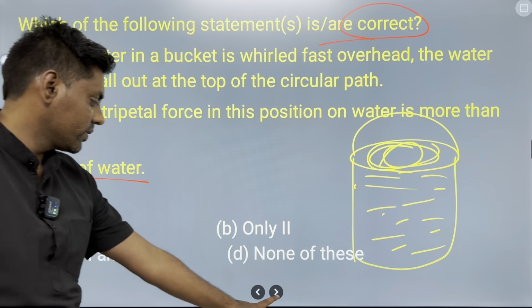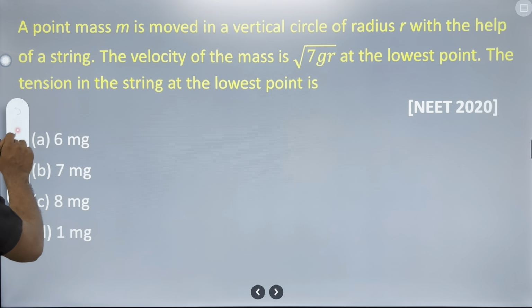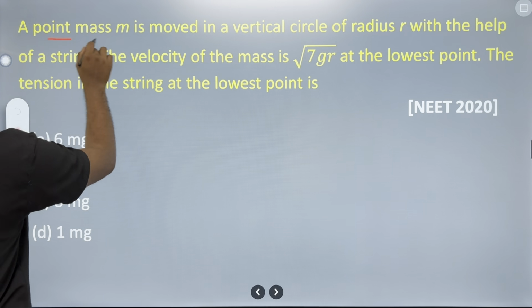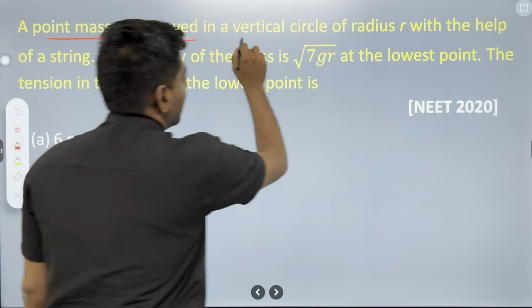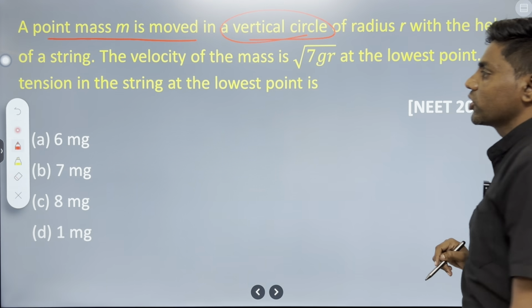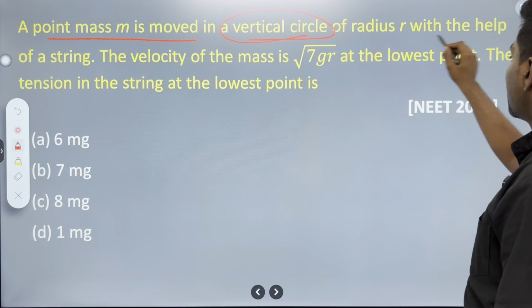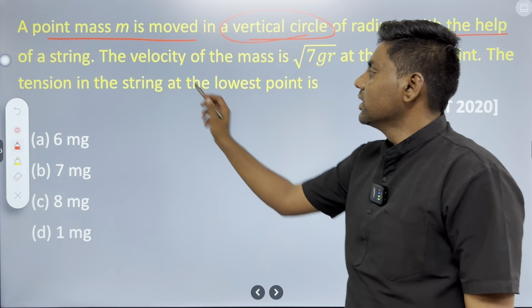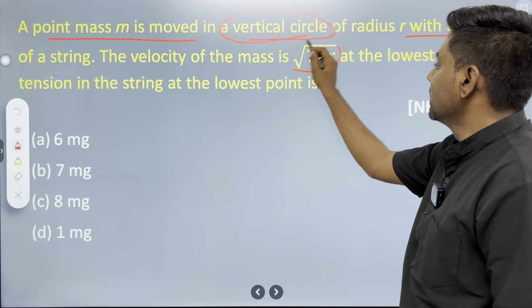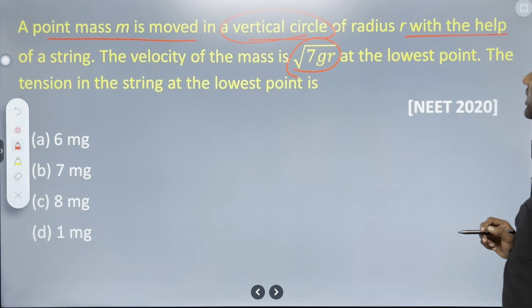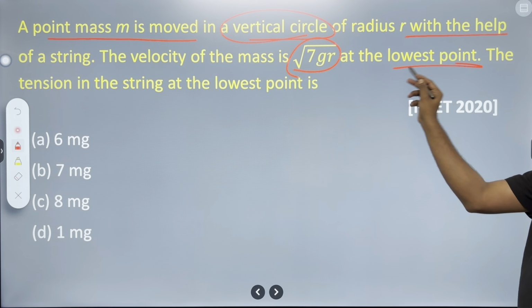We go for the next. A point mass m is moved in a vertical circle of radius r with the help of a string. The velocity of the mass is under root 7gr at the lowest point. You have to remember, at the lowest point.